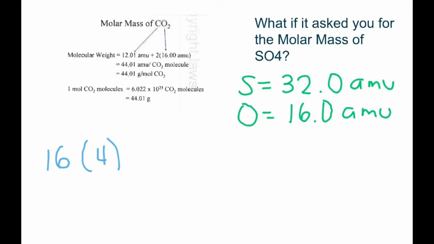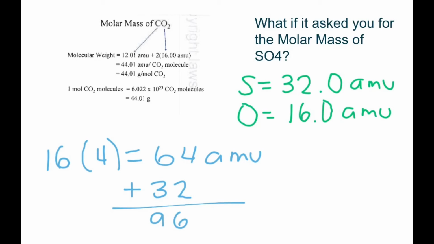This gives you 64, meaning that the mass of O4 is 64 AMU. Now to find the molar mass of SO4 together, you add 64 plus the 32 of S and get 96 grams per mole SO4.